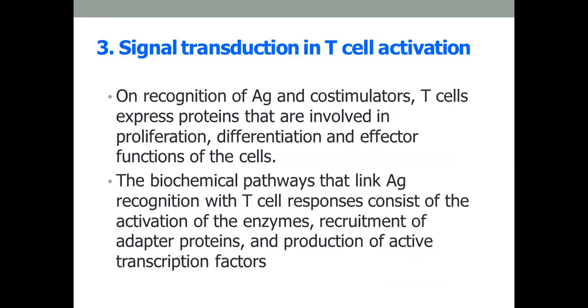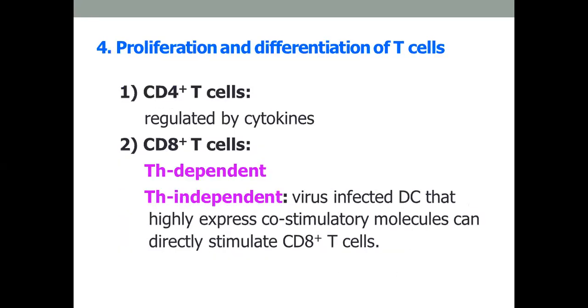So this is the recognition of antigen, and the post-stimulated T cell expresses proteins that are involved in proliferation, differentiation and effector function of the cells. The biochemical pathway that links antigen recognition with T cell response consists of the activation of enzymes, recruitment of adaptor proteins, and production of active transcription factors.